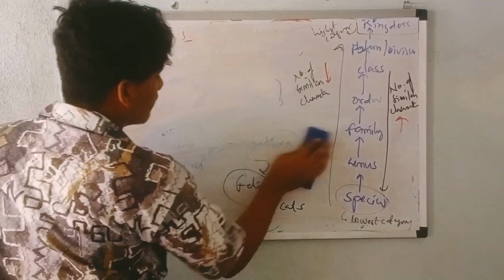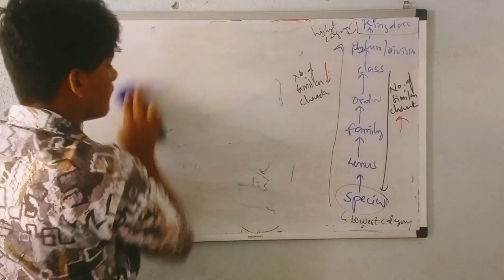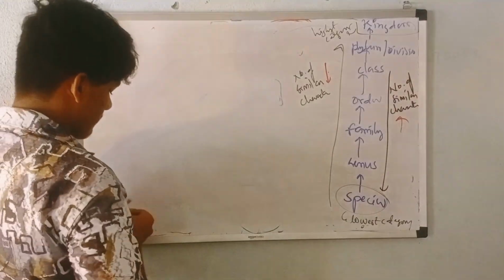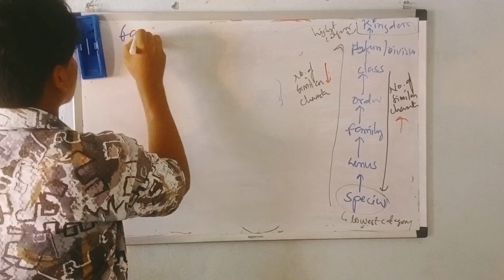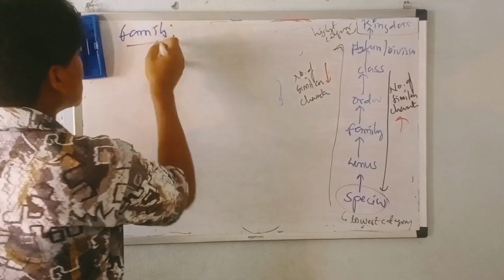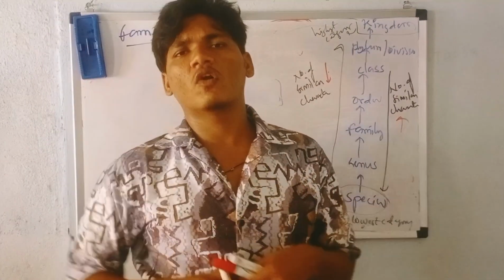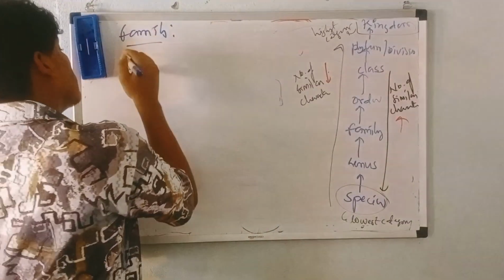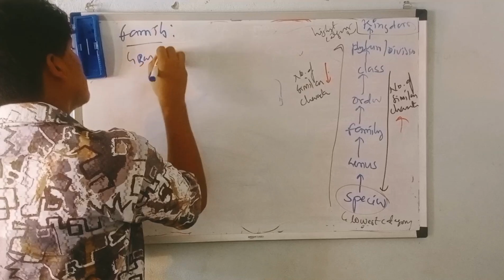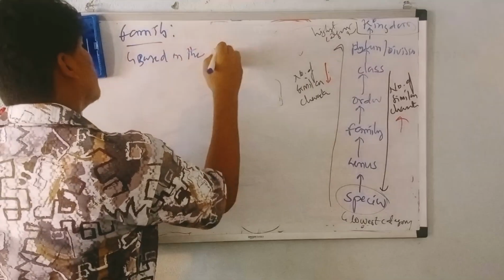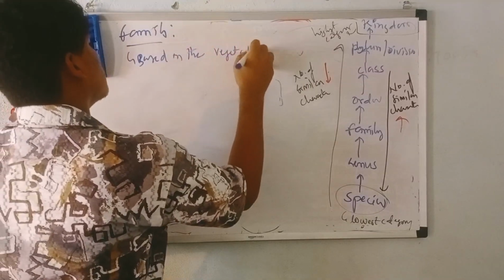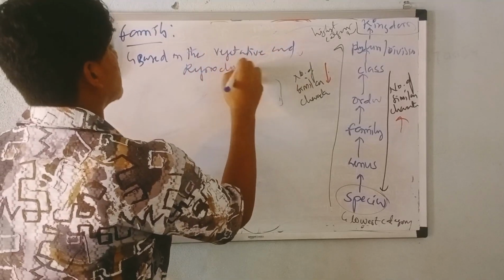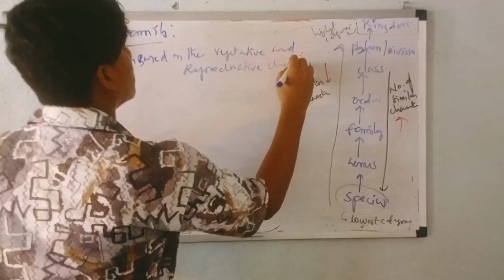Now we talk about family. Family is nothing but a group of related genera. Like this it will go on. So a very important point is that based on the vegetative and reproductive characters, family will be assigned.